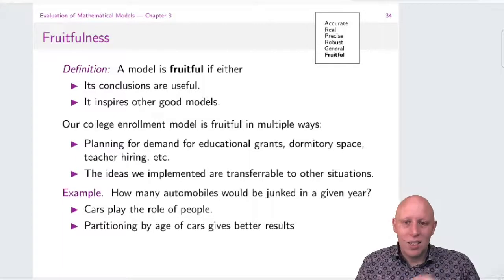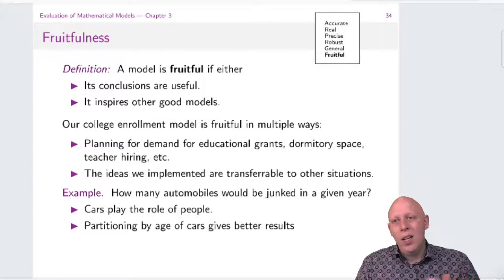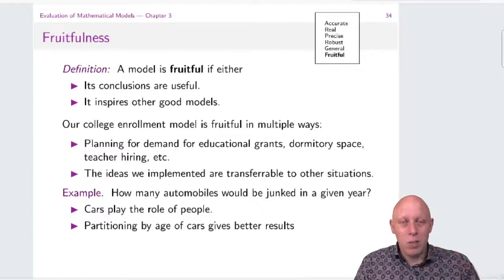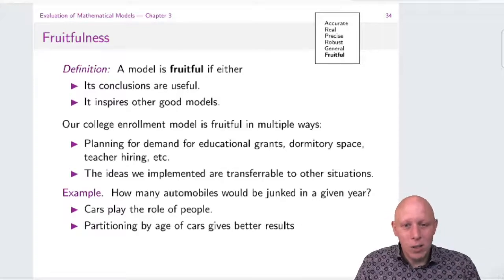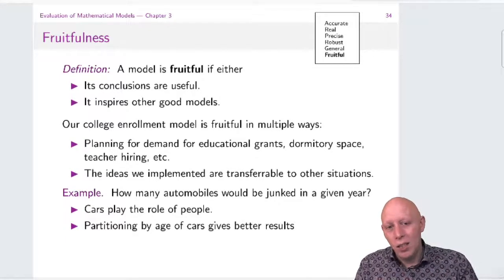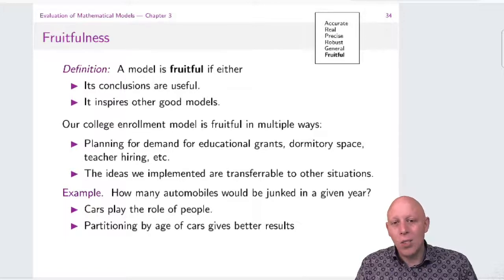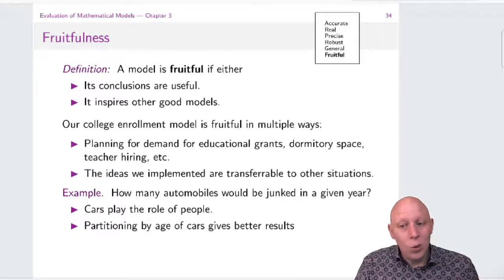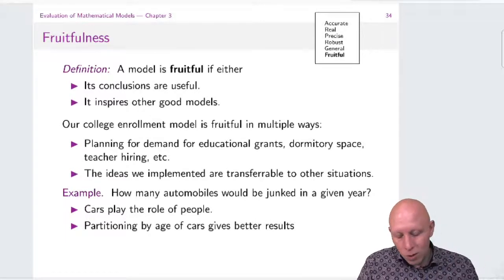In that case, the cars play the role of people. Some percentage of them are going to be taken out of commission every year. And if you partition by age of cars, then you're going to get better results. You're going to say the older cars are more likely to be taken out of commission, whereas newer cars are more likely to be able to stay on the road for longer.